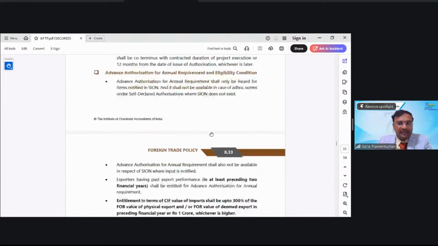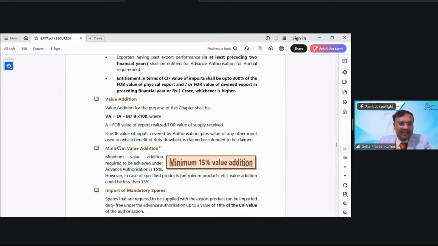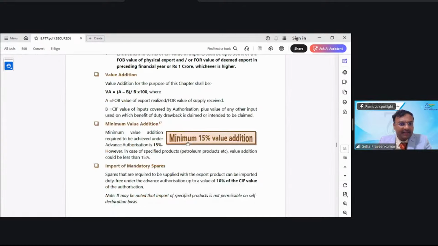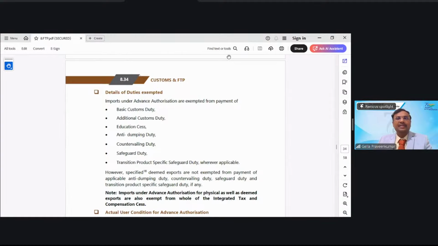Validity of 12 months, I have explained. Requirement and eligibility condition: minimum 50% value addition is required, which I have also explained. What are the duties? From an examination point of view, when you compare DFIA with advance authorization, this is a difference. Under advance authorization, imports are exempted from customs duty, additional customs duty, cess, ADD, CVD, safeguard duty and transition product safeguard duty, whichever is applicable.